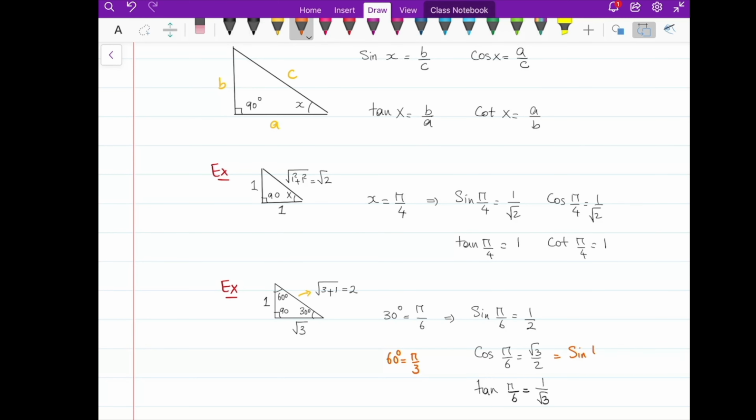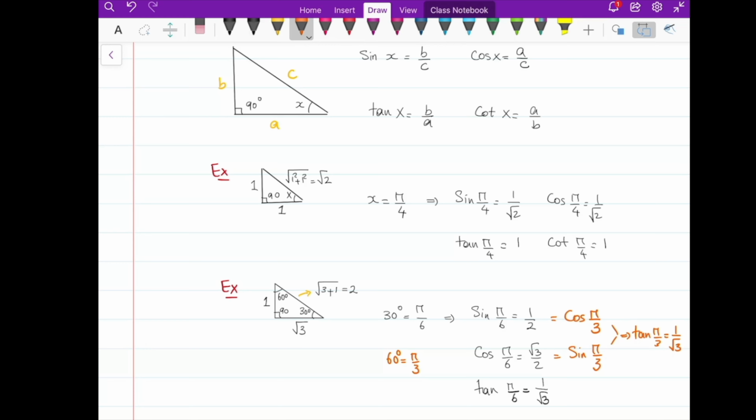And then cosine of pi over 3 would be adjacent side over hypotenuse. So it would be 1 over 2, which equals sine of pi over 6. And based on that, if I divide these two together, I get that tan of pi over 3, which is equal to sine over cosine, is equal to root 3.